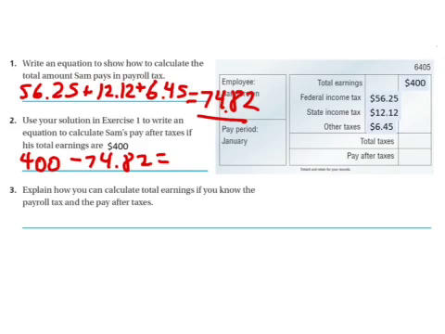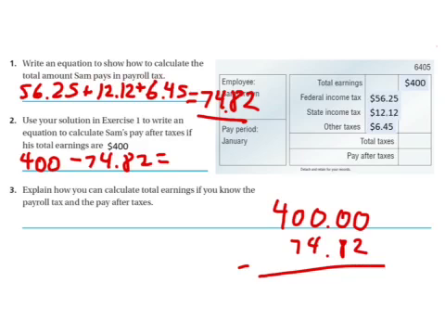So the trick is that you need to line up the decimal points. Now, 400 does not have a decimal in it, so whenever there's a whole number, you put a decimal after it, and then you can just put zeros after that. So now this is $400.00. I'm subtracting $74.82 from that.